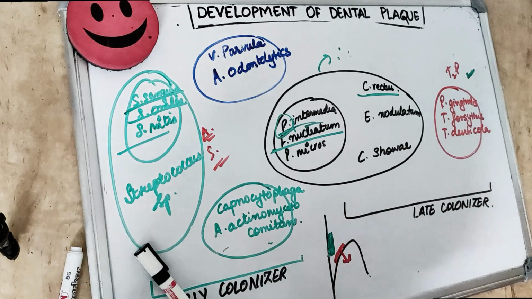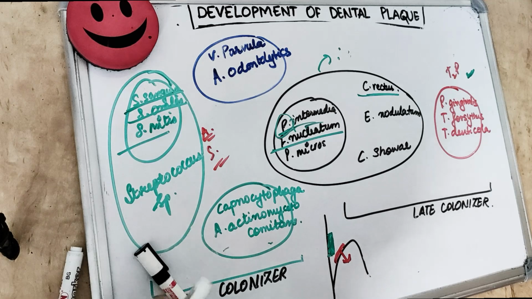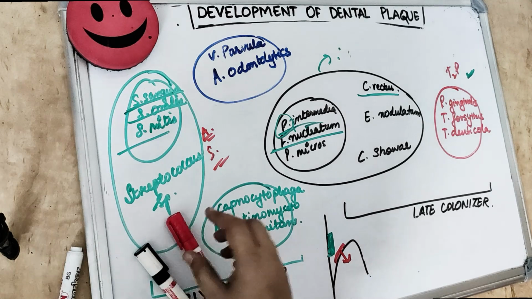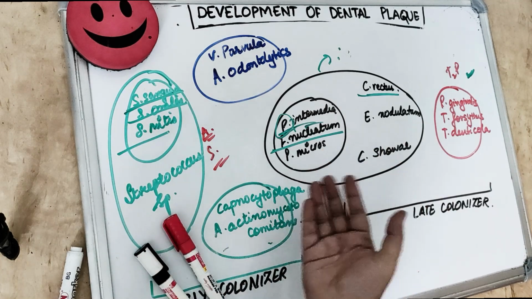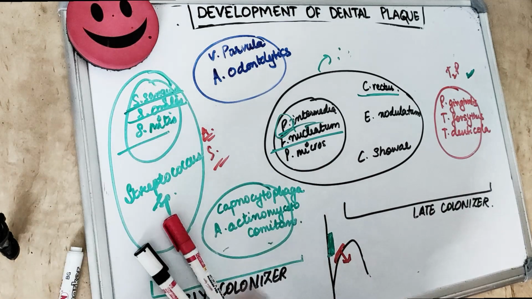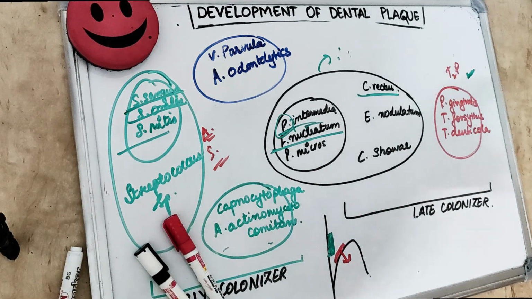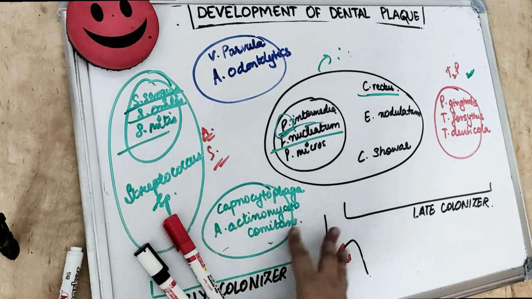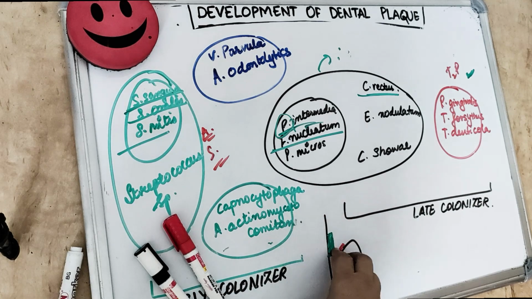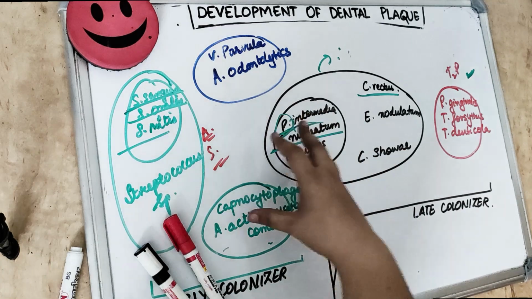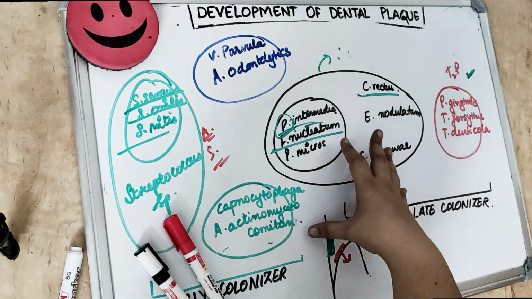Initially the coronavirus is developed in the Wuhan lab, which is the primary formation of pellicle, and then the coronavirus spreads, it is transmitted from one person to another. This is the attachment, and the colonization is the spreading of the coronavirus. Like this we have covered the development of the dental plaque from the formation of the pellicle up to the colonization and the plaque maturation.